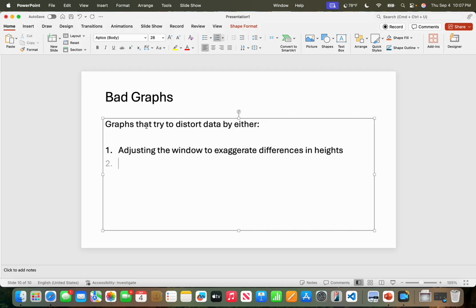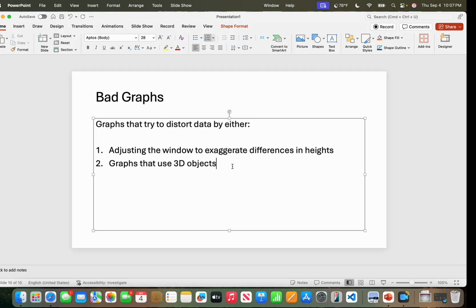And also we'll say graphs that use 3D objects. All right, so those are going to be your main bad graphs.